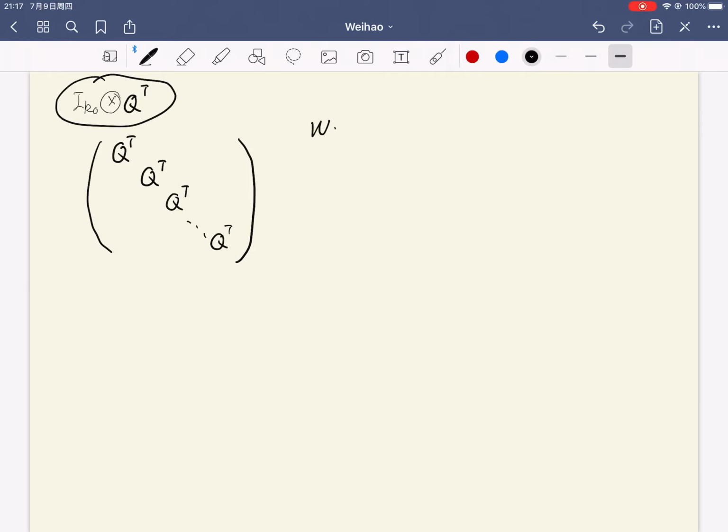If we multiply these matrices and these huge matrices, here the number of Q transpose is K0. The multiple of these two gives the summation.